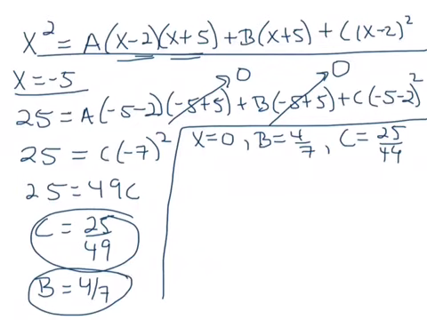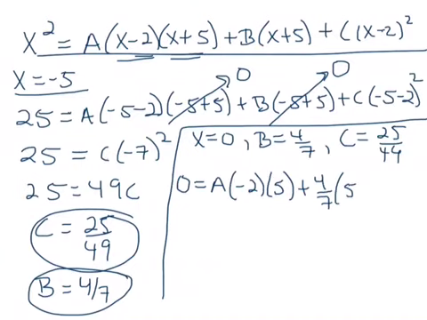So that's going to give us 0 squared is 0 equals A, 0 minus 2 is negative 2, 0 plus 5 is 5, plus B was 4/7, 0 plus 5 is 5, and C is 25 over 49, and let's see, negative 2 squared will be 4.